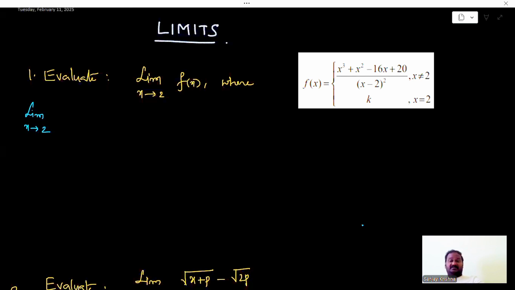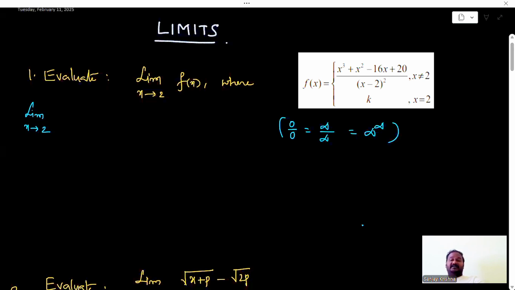Indeterminate form is of the form 0 by 0, or undefined divided by undefined, or undefined power undefined. These kinds of forms are said to be indeterminate forms. So your limit should not give an indeterminate form. Suppose while substituting you get an indeterminate form, what does that mean? You have to change your path and try to find the limit of the function in some other way.